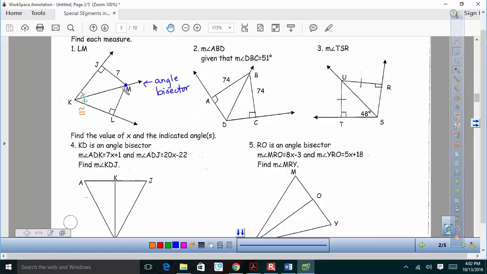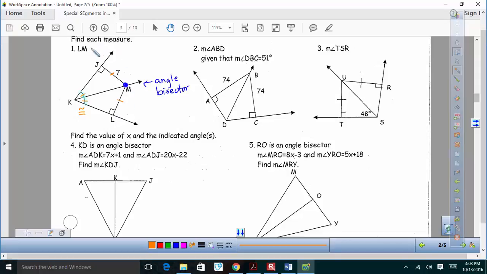And if this is an angle bisector and M lands on it, then that means that the distance from this point to the side of the triangle is equal to this point to this side of the triangle.